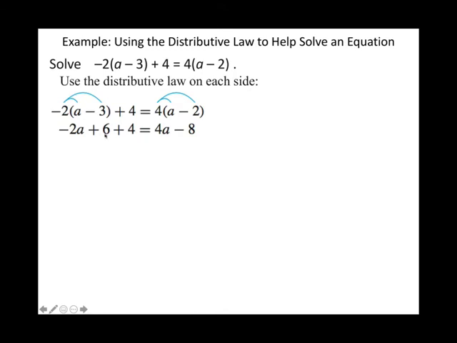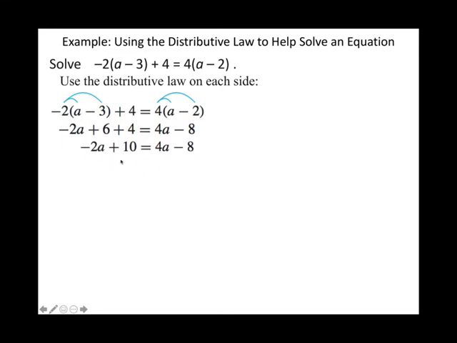Now combine the like terms. On the left hand side, I do have two constants, so I can combine the like terms on the left hand side. That will be -2a plus 10. And then I want to combine the like terms of the variable a.